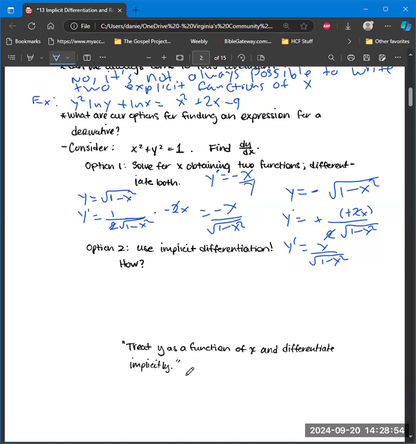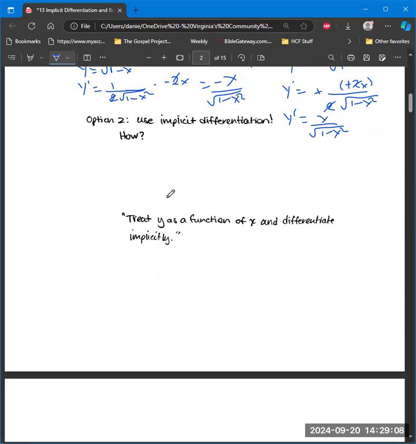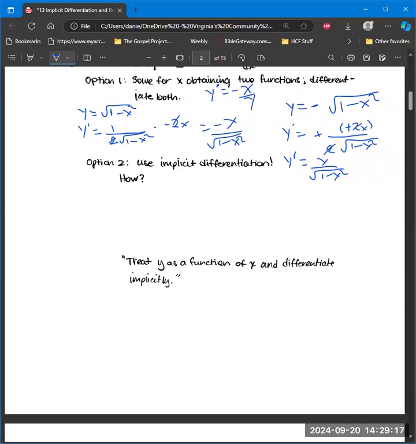So how can we use implicit differentiation? We can treat y as a function of x and differentiate implicitly. So that's how you would say what I'm about to do. So let me just show you how I would do that.